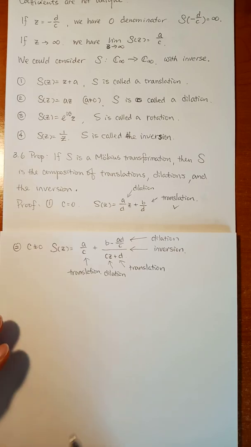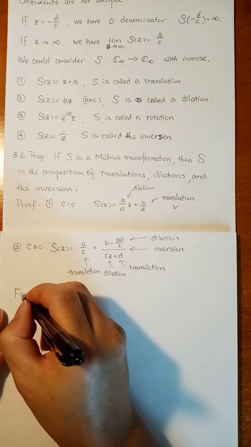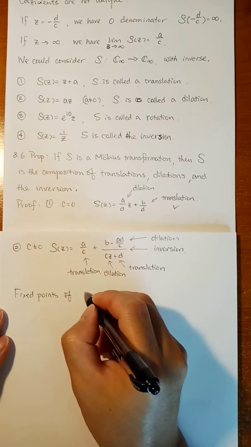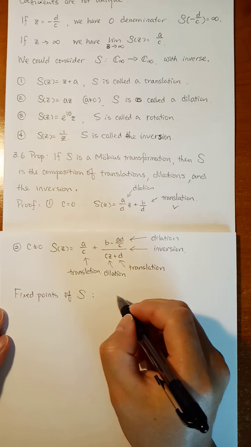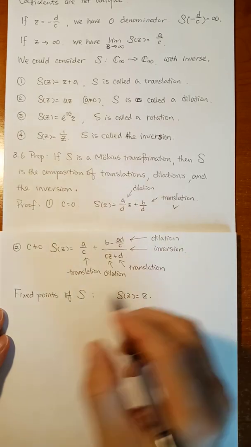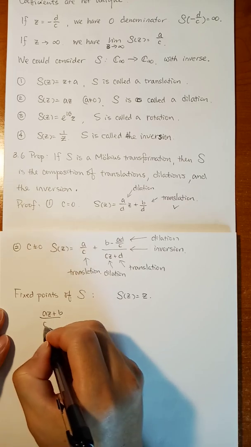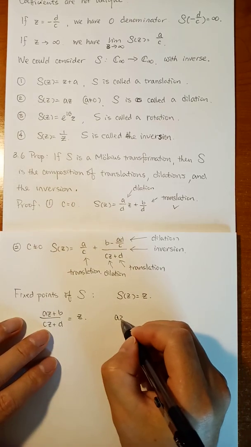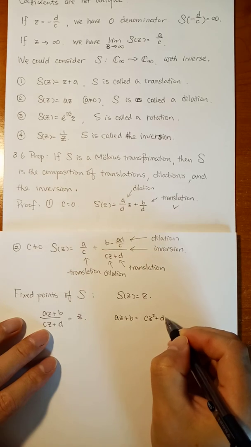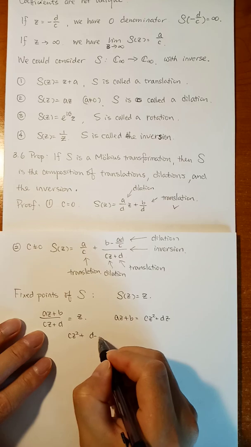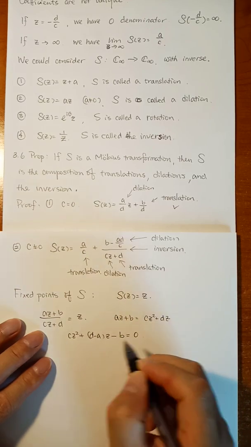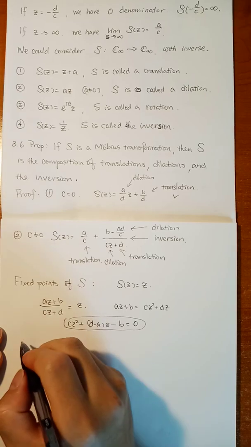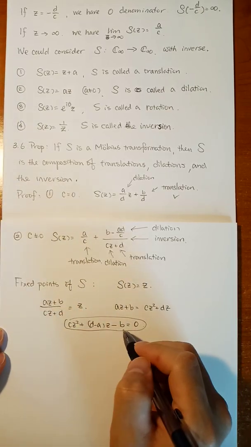In order to say that, we first start with fixed points of S. A fixed point satisfies S of Z equal to Z, so AZ plus B over CZ plus D equals Z. Then we get CZ squared plus (D minus A) times Z minus B equal to 0, a quadratic equation.